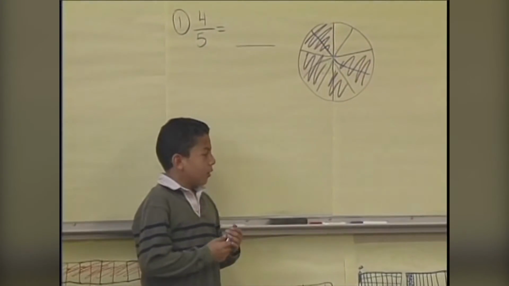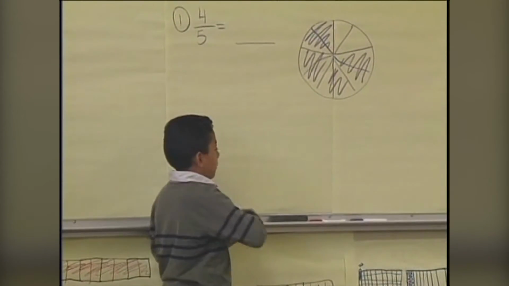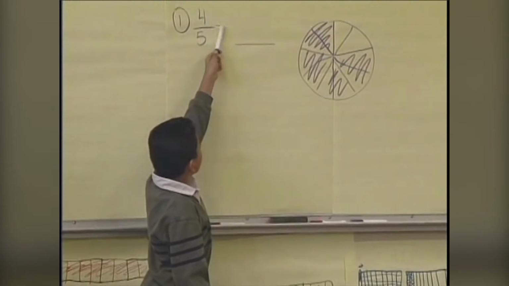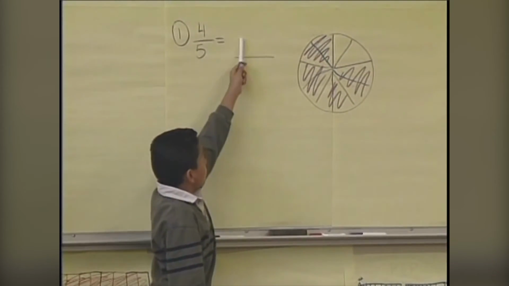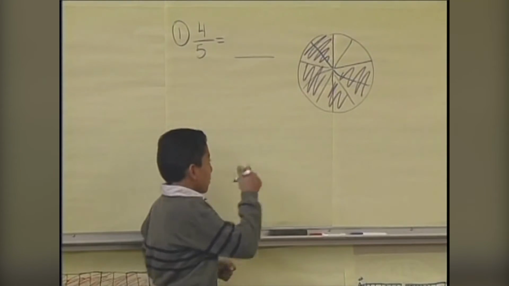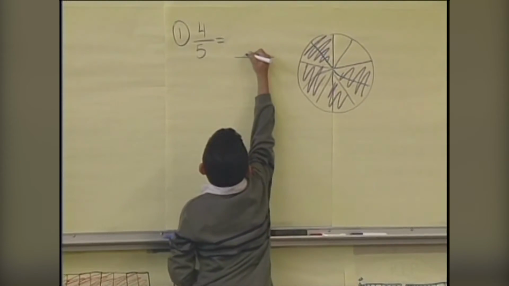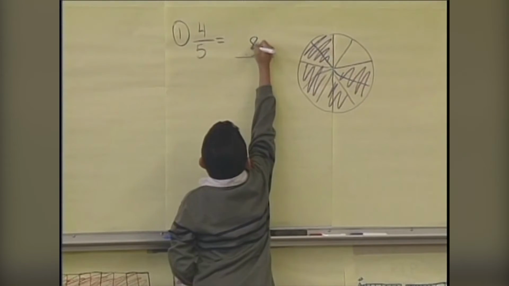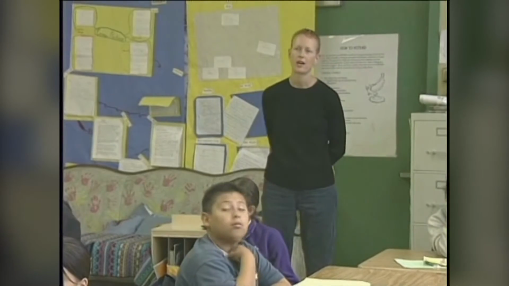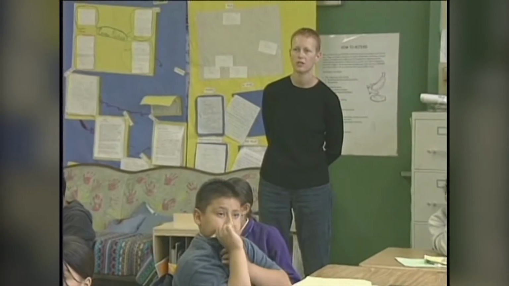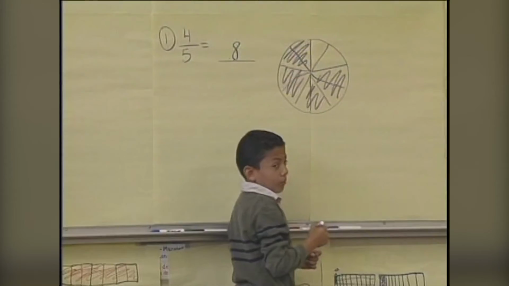And also, you could do it because 4 times 2 equals 8, and 5 times 2 equals 10, so it's 8/10. Edgar, would you be able to label your diagram with how much each piece is worth in a decimal amount?